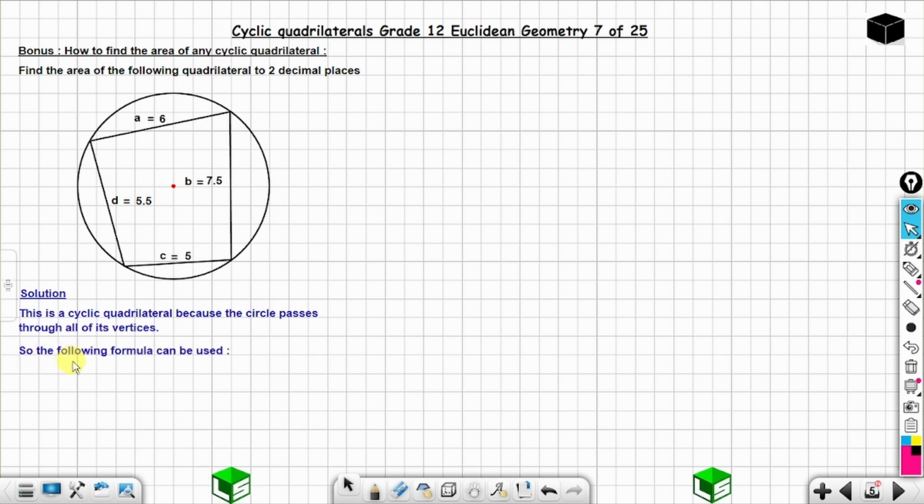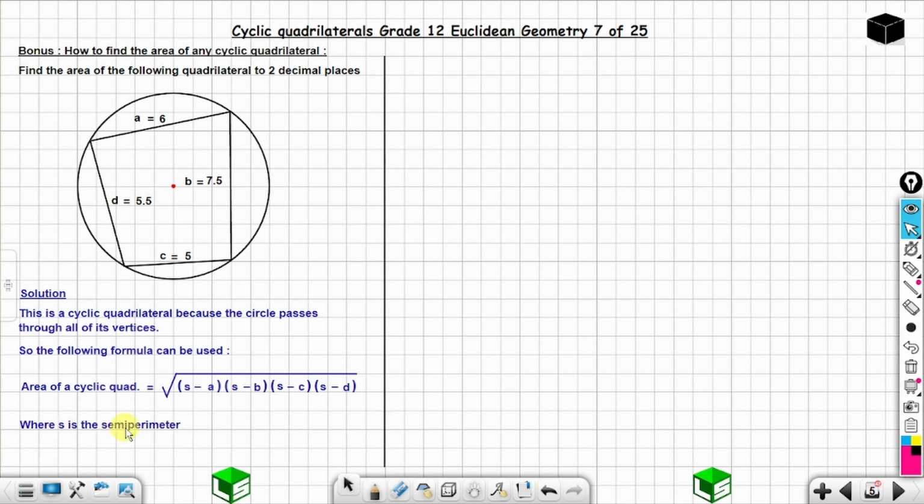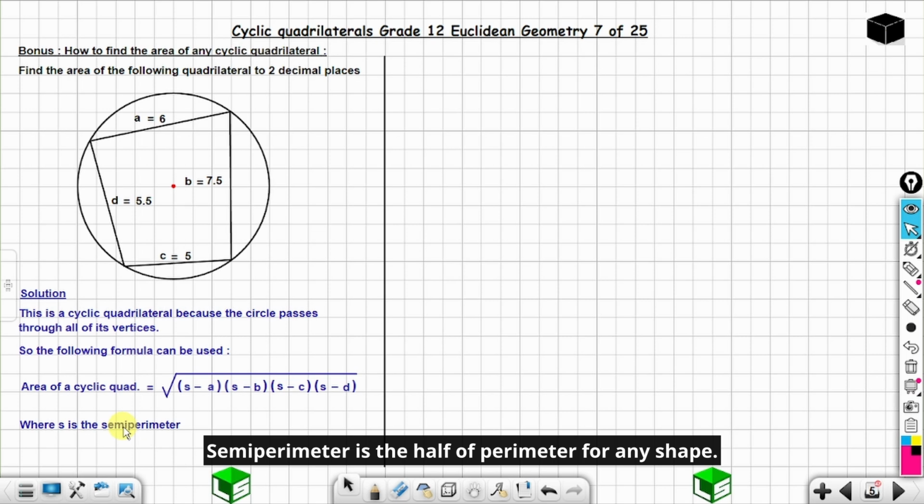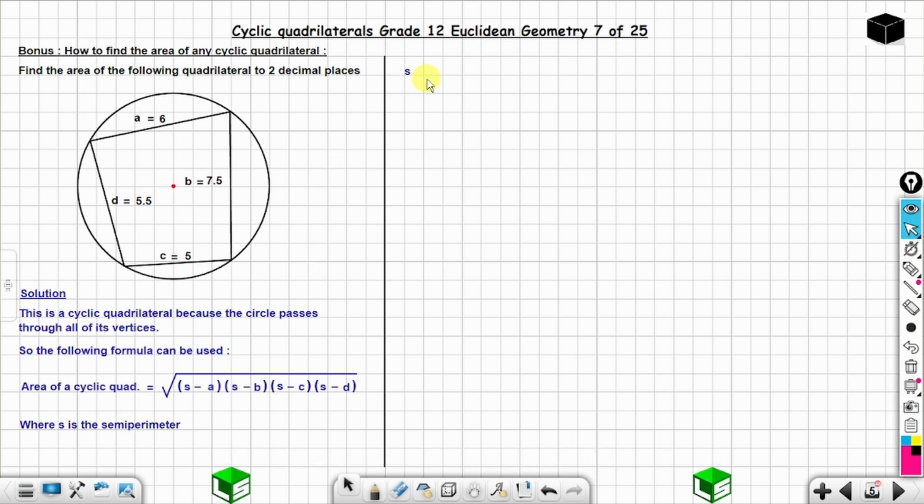So the following formula can be used when you have a cyclic quadrilateral. S is the semi-perimeter. Now let's find S first. The semi-perimeter is half the perimeter. So S is equal to 1 over 2 times, in bracket, 6 plus 7.5 plus 5 plus 5.5.